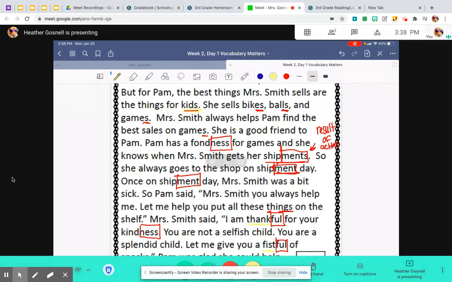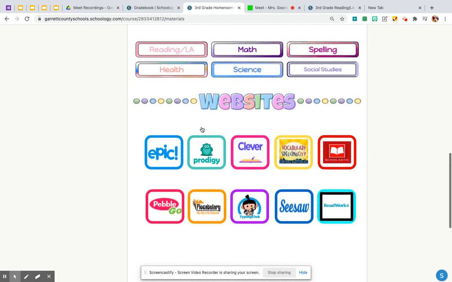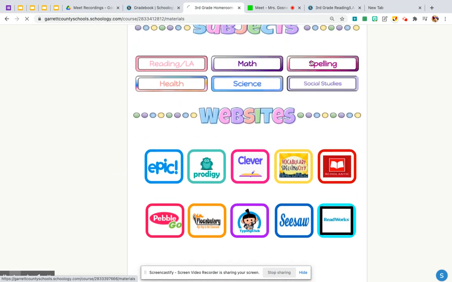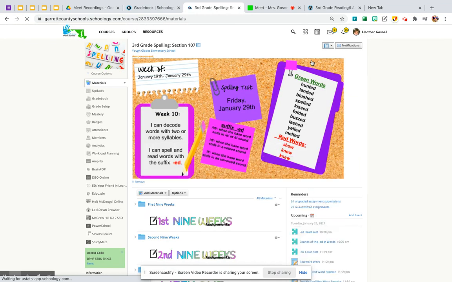If you go to spelling, I'm going to go through spelling through homeroom. You can also go through courses, but since you are already here, you know how to do this, but this is just in case you need to go back to this assignment. So we have our bulletin board here. Oh, we're not in spelling. I apologize. We are in reading.